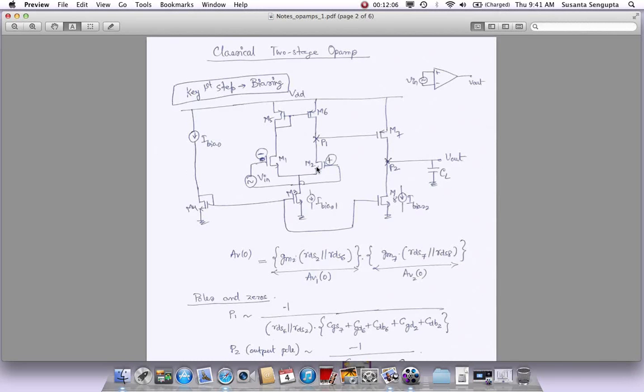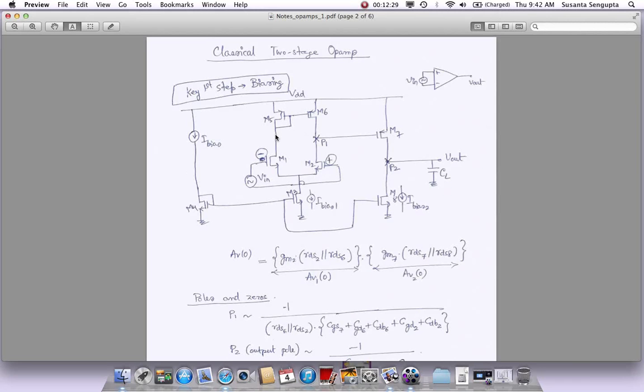I need so much of device sizes. How do you get it? You get it from the simple drain current equation. You find all that, and then you have to make sure that they all have enough VDS drop across them so that every device remains in saturation. If every device remains in saturation, then only the small signal models that we'll talk about are going to be true, and we don't want to lose sight of it.